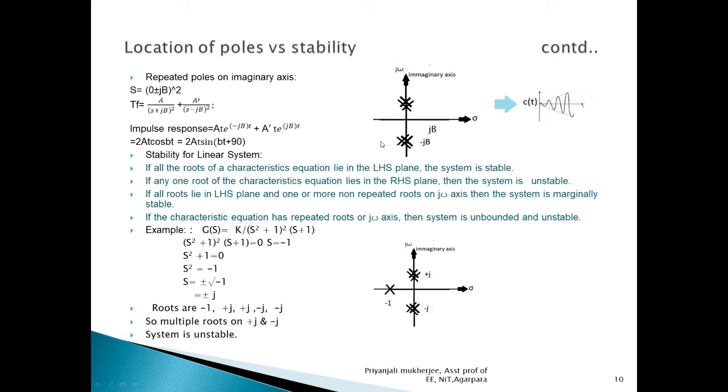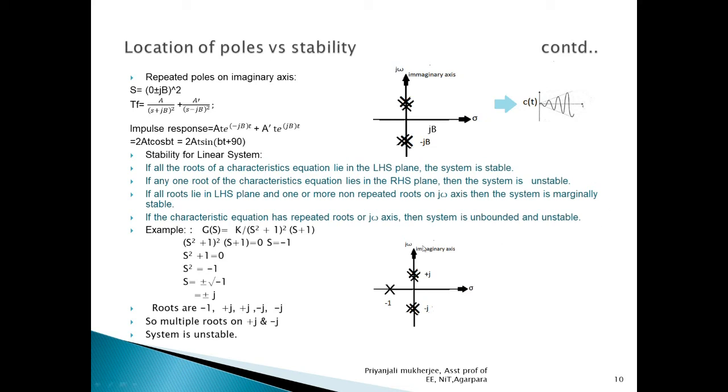Next, take an example. The transfer function is given as G(s) equals K by (s square plus 1) whole square into (s plus 1). This is the characteristic equation, and we can find the pole locations at minus 1 and plus or minus j. There are two poles at the plus j position and two poles at the minus j position, so a total of 5 poles. The pole at minus 1 is denoted by a cross, and zeros are located on circles.